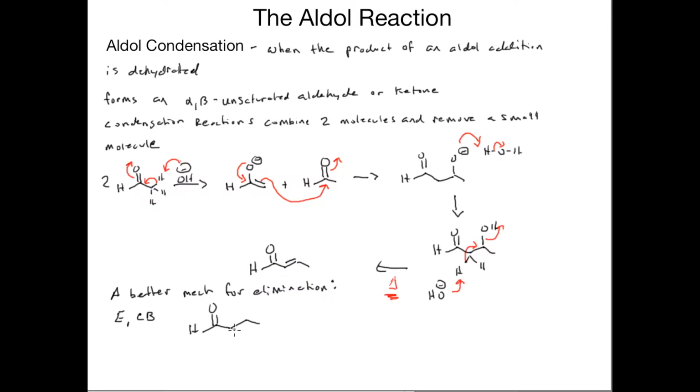So here's the product of the aldol reaction that we did, the aldol addition. This guy's going to eliminate, get rid of our hydrogen that's here, and we're going to put this negative charge that's right there on the alpha carbon.